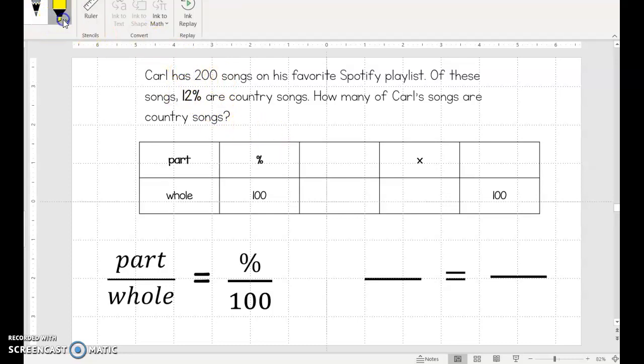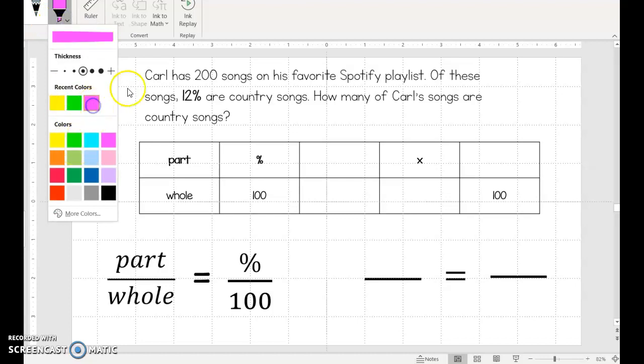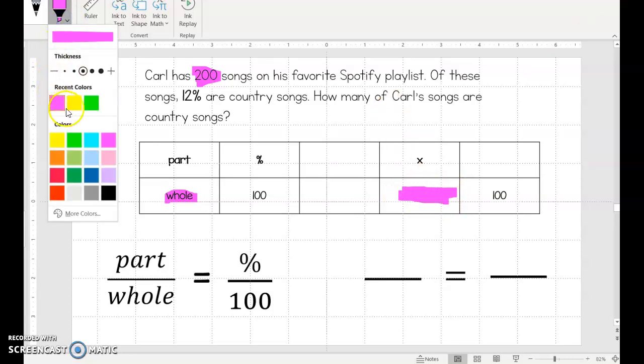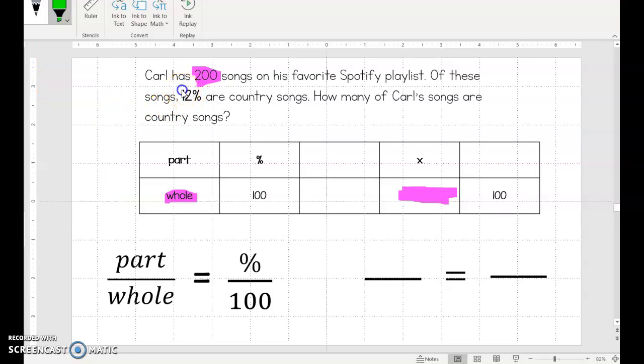So the total number of songs Carl has is 200. So that's going to go on my bottom row, and it's going to go here. Then I'm going to take my percent, and I'm going to say 12% of them are country songs. I'm going to put that information here.